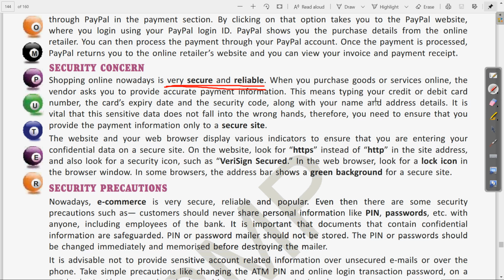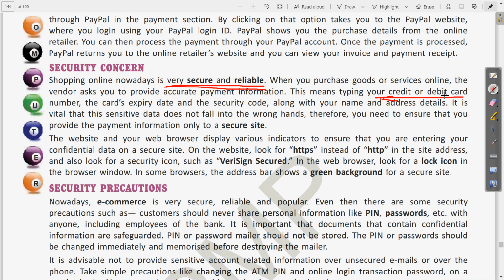So when we provide the details for the payment, we provide the details of the card, whether it is a credit card or debit card, and also sometimes online banking. Whatever transaction medium we are using, in all of these there will at least be a username or password.